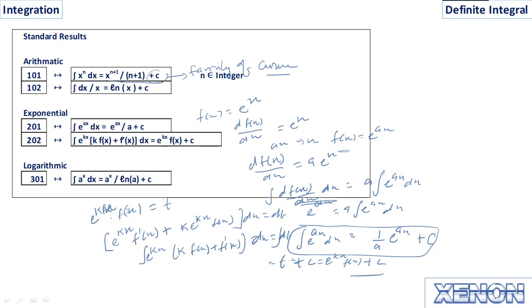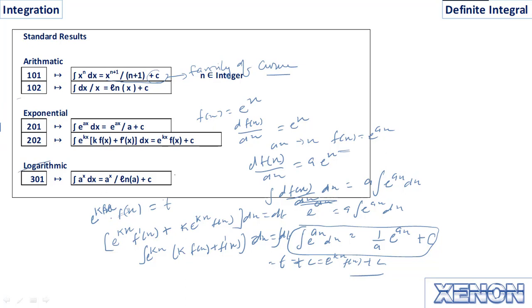Similarly, integration of a to the power x into dx, we will get a to the power x upon ln a plus c, right? How will we get this integration?